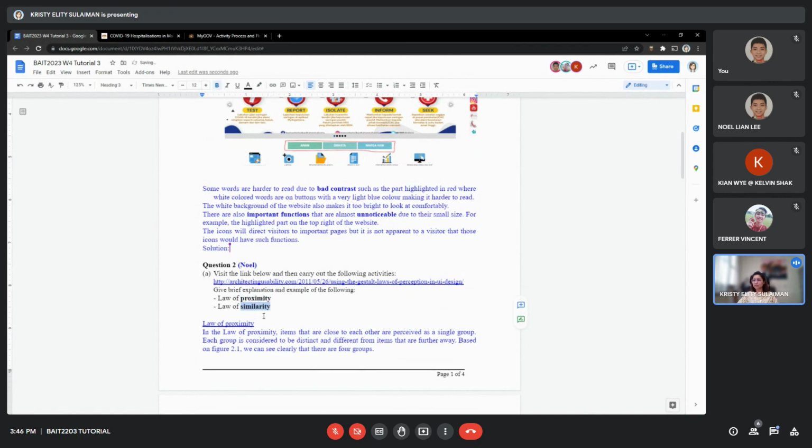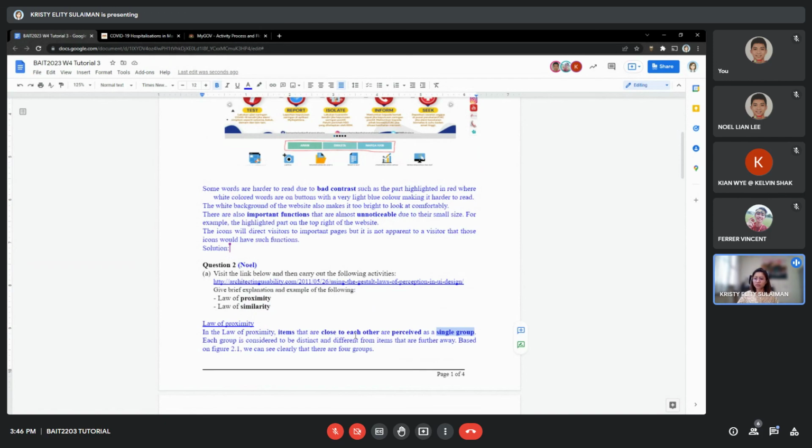Law of proximity, the name itself, proximity, is referring to items close to each other, perceived as a single group. And then each group will be considered distinct and different from items that are further away.